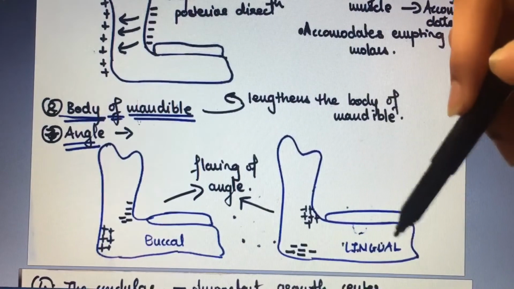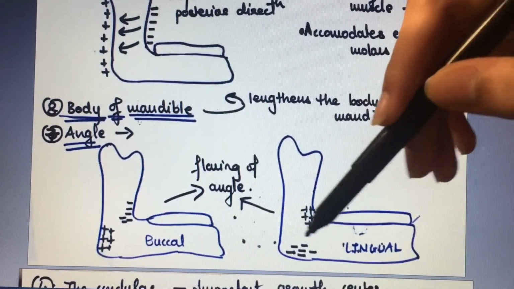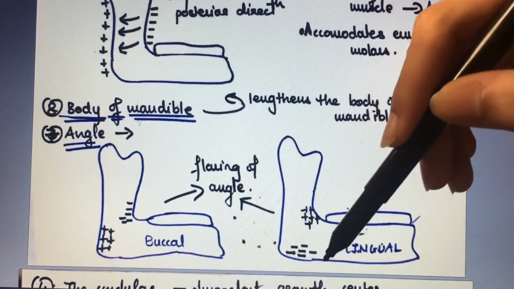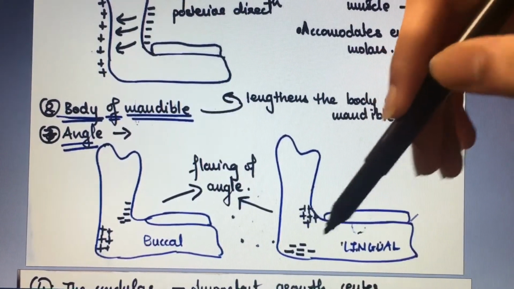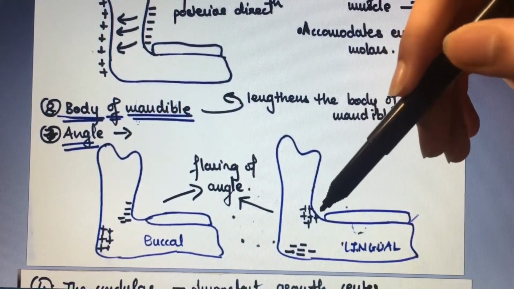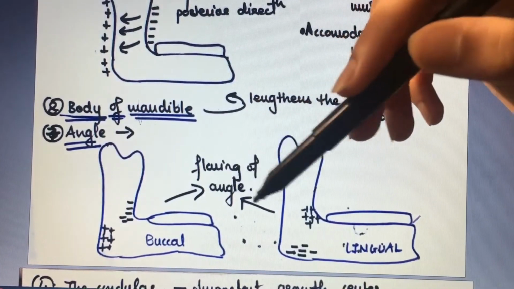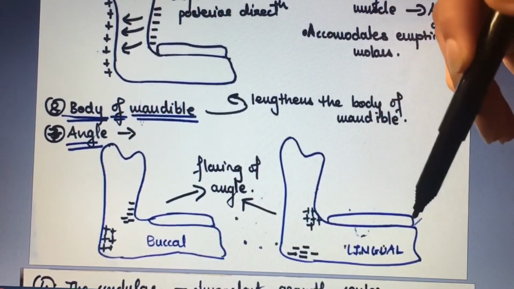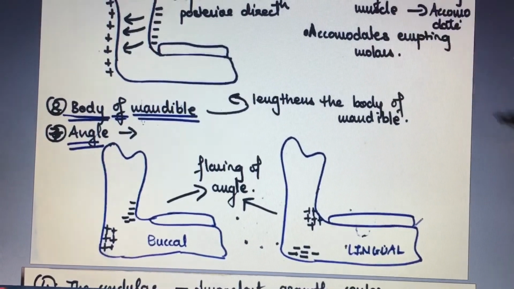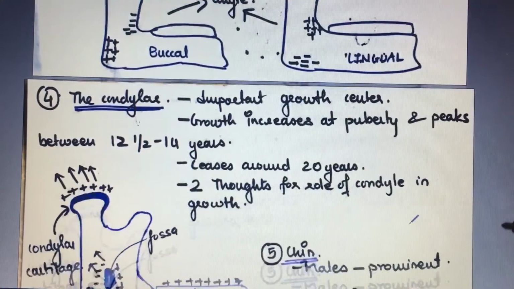On the lingual aspect, there is resorption which takes place at the posterior inferior part, whereas there is deposition which takes place at the anterior superior part. Because of this, there is a resulting flaring of the angle of the mandible, and it advances with age. So next one is the condylar process.